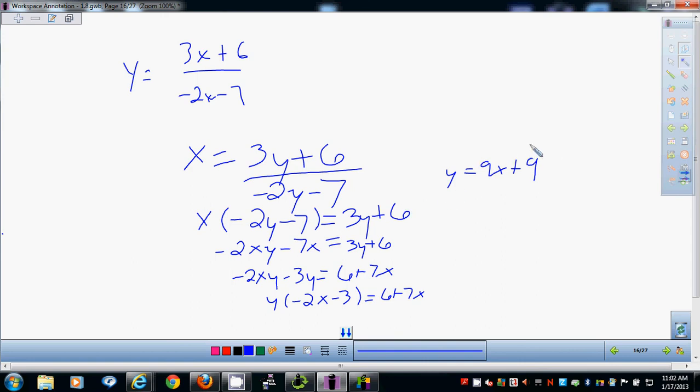Then you go to the other side. Now you can divide that. You're going right, negative 7. You're solving for Y. You can divide that whole thing. And you're done.